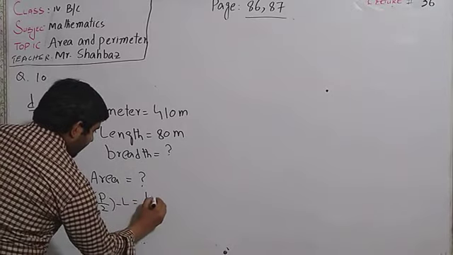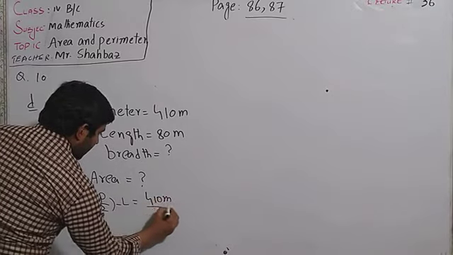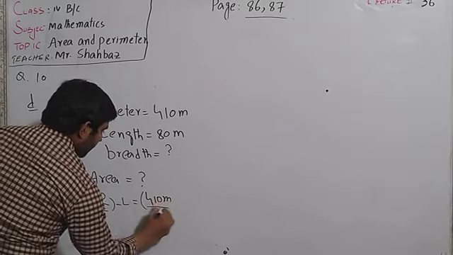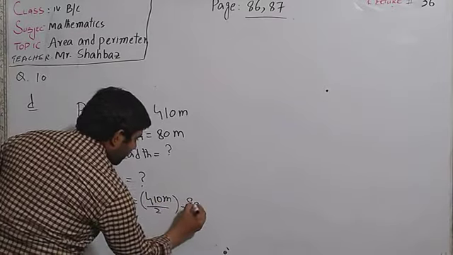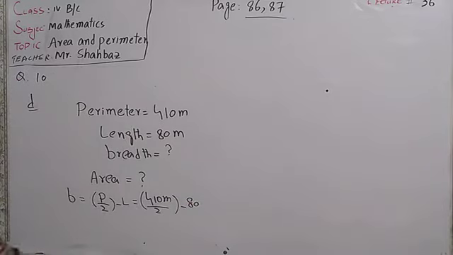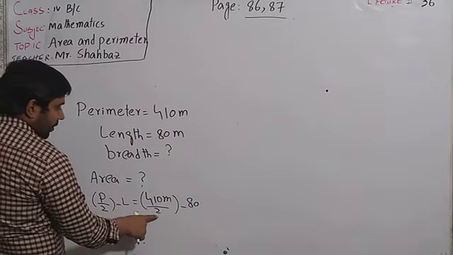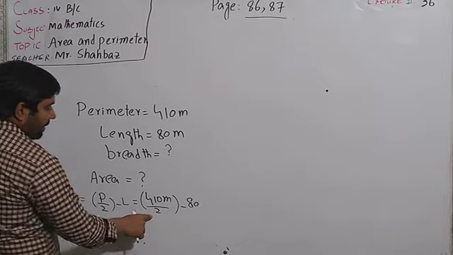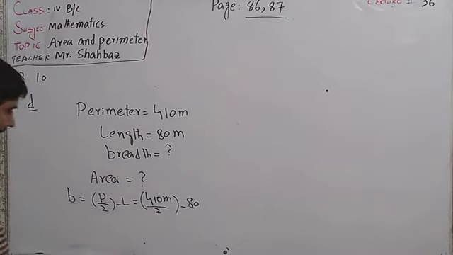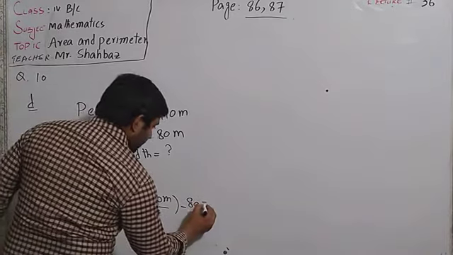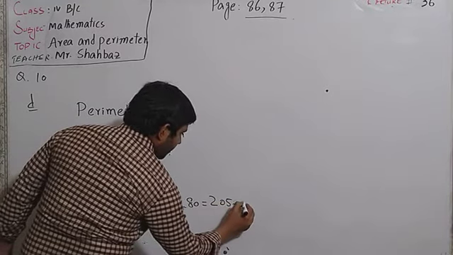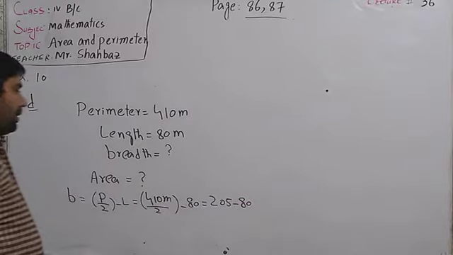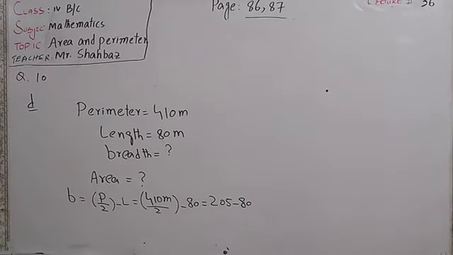Perimeter is 410 meter over 2, minus length is 80 meter. So when we divide 410 by 2, it will be 205. 205 minus 80. So we have to find the other length.